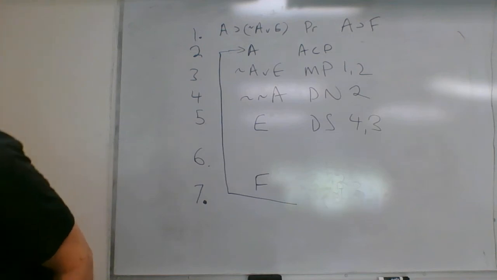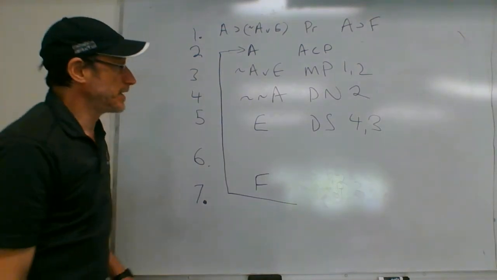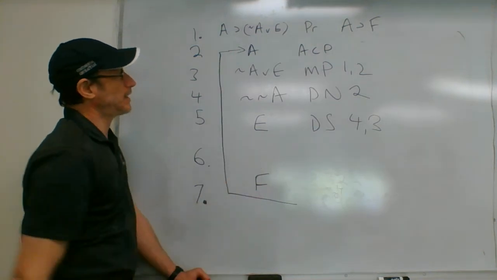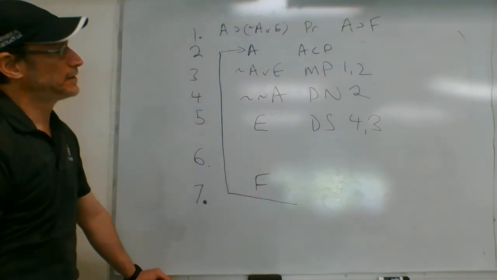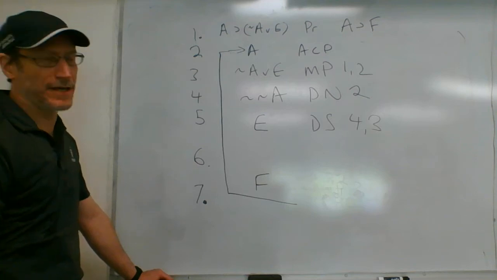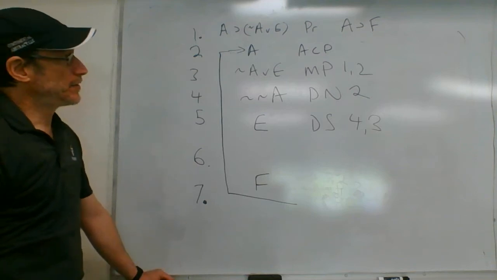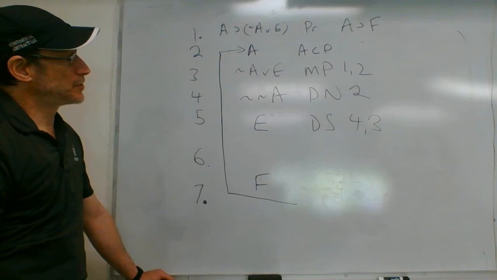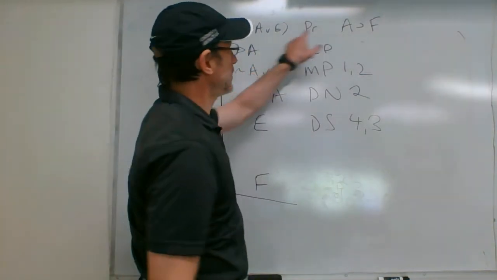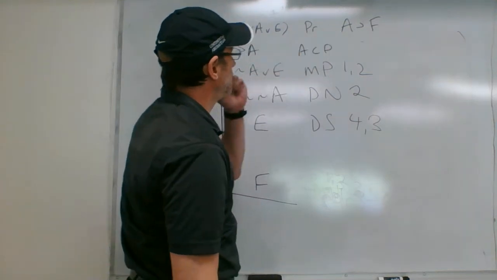I'm going crazy here. I don't see how we're going to get F out of A. So I think the thing to do would be to use the truth table method to test whether this is really a valid argument.